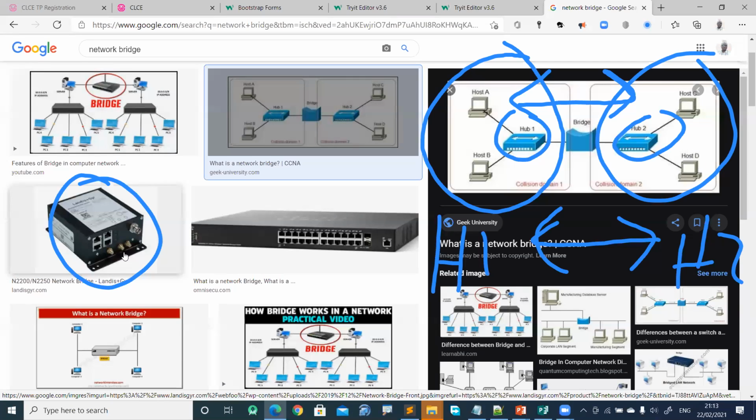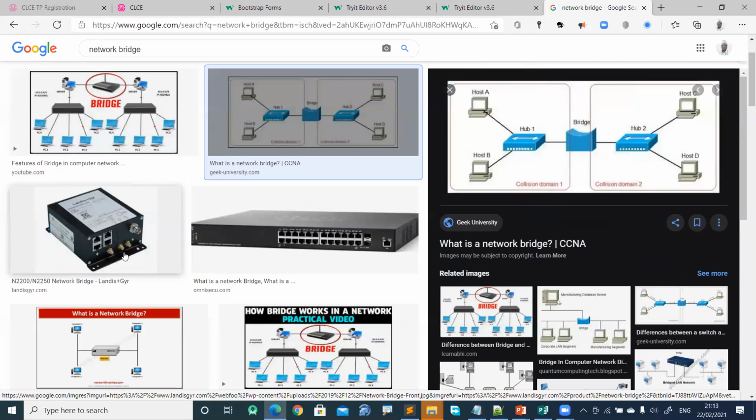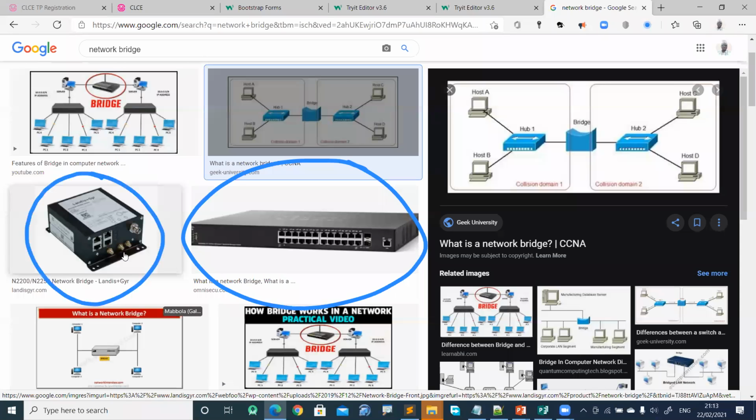I hope it's clear. They will do the same job, except the difference is that a switch has more ports, like this one. A bridge has only 2 ports. So this is a bridge, and this is a switch.